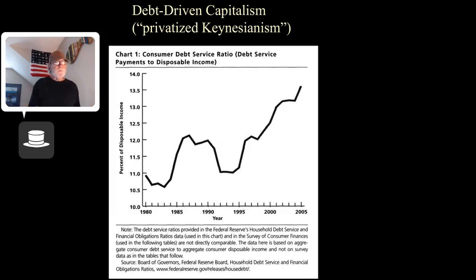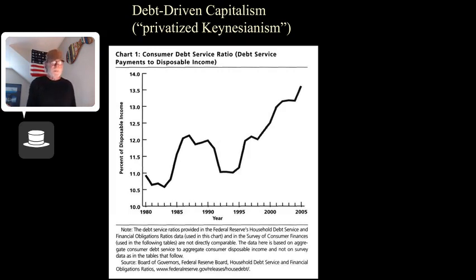So the growth during the early 2000s, and at least to 2007, the growth of the American economy was debt-driven, debt-fueled. I have this term here, privatized Keynesianism, right? Because we talked about how Keynesian economics says if you want to make sure that you have enough demand, the government has to spend on projects and redistribute income.